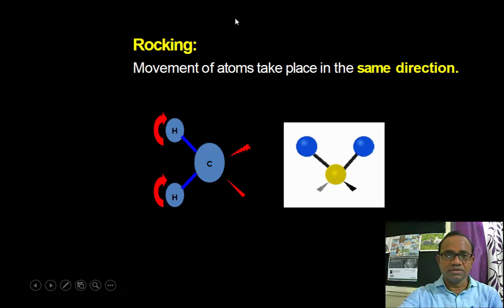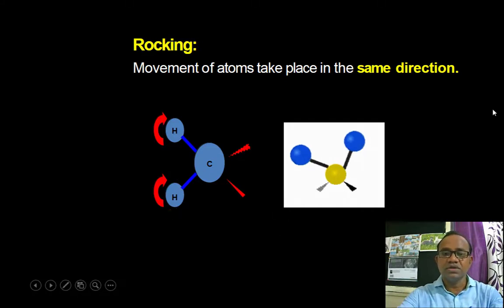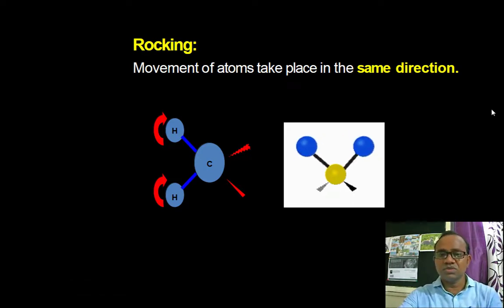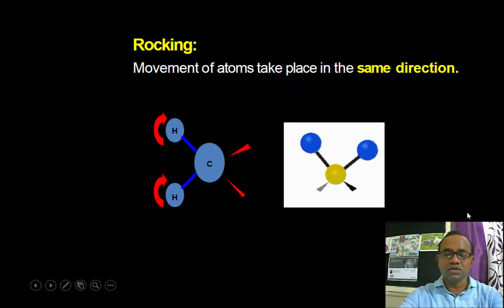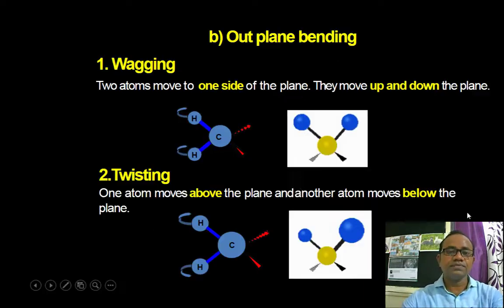Second is the rocking, where the movement of the atoms takes place in the same direction. That is, these two atoms move in exactly the same direction. There is a simultaneous movement of both in the same direction, right? So this is called the rocking. Second is the out-of-plane bending, that is wagging and twisting.